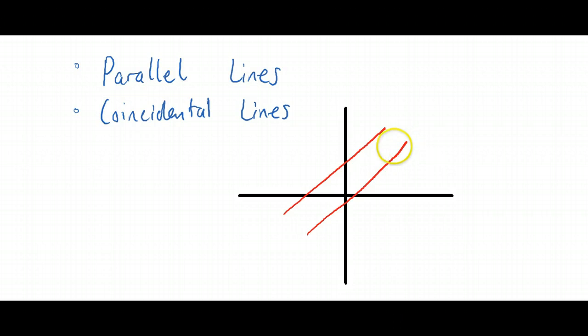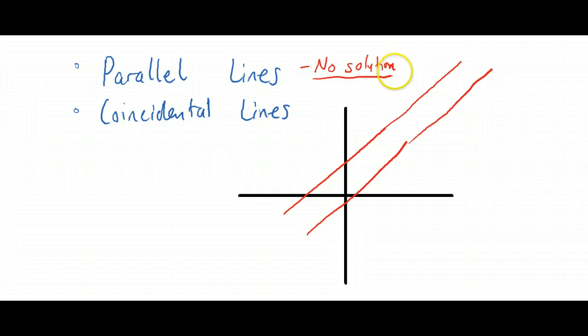They have the same slope. Two lines that are parallel like that are never going to touch. They're just going to continue on forever, and they're never going to meet. They're always going to stay the same distance apart. So for parallel lines, there's no solution, there's no point at which they're going to intersect.